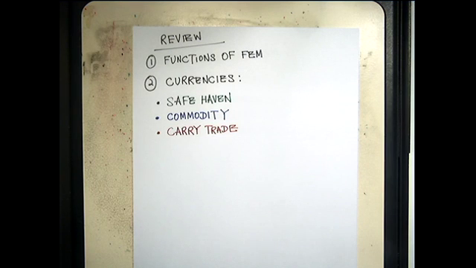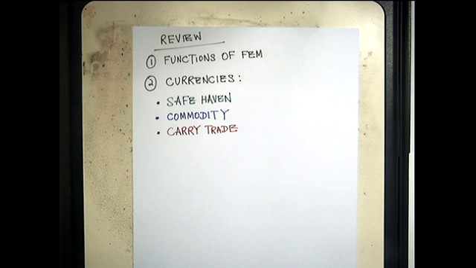And then I moved on to talk about the size of the foreign exchange market, and to also give you some kind of overview of the different kinds of currencies that are commonly traded in the market. I mentioned terms like safe haven currencies, commodity currencies, and carry trade currencies.